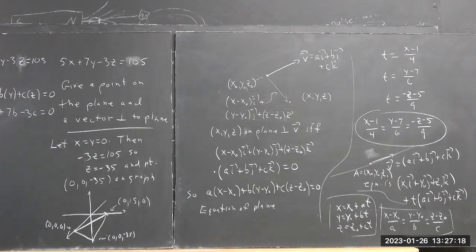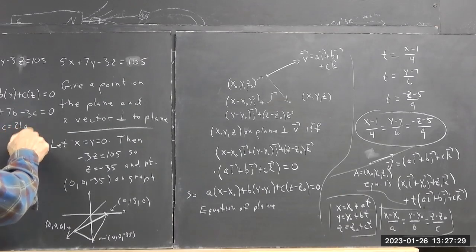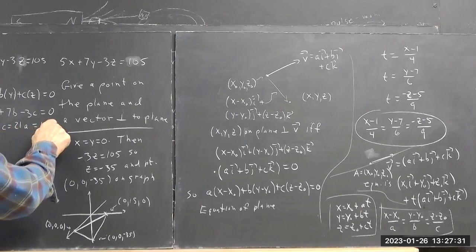So we have AX plus 7B minus 3C equals 21A. Of course, that's going to equal 105.